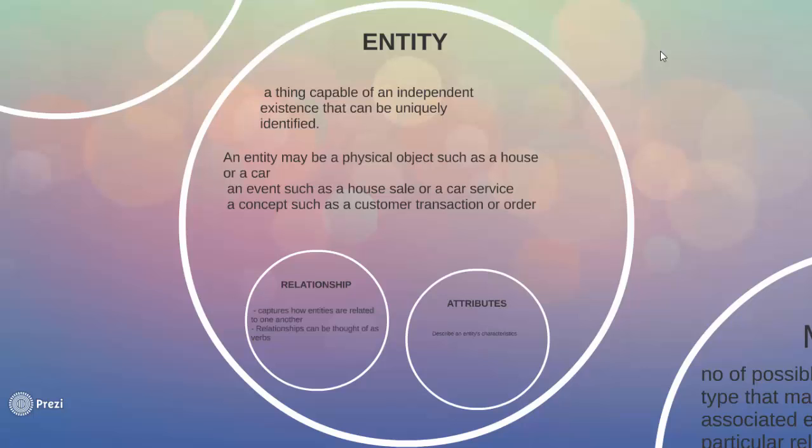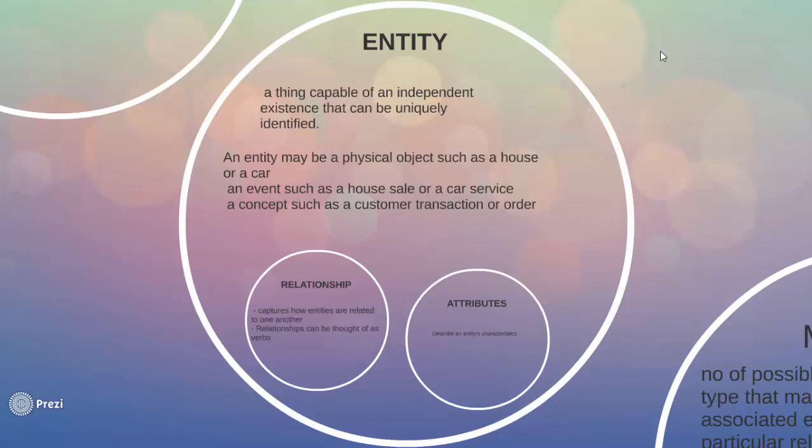Entity is a thing capable of an independent existence that can be uniquely identified. An entity may be physical objects such as house and car, event, house sale, car service. An entity also can be concept such as customer transaction or order. To recognize an entity, it must have many data to store.